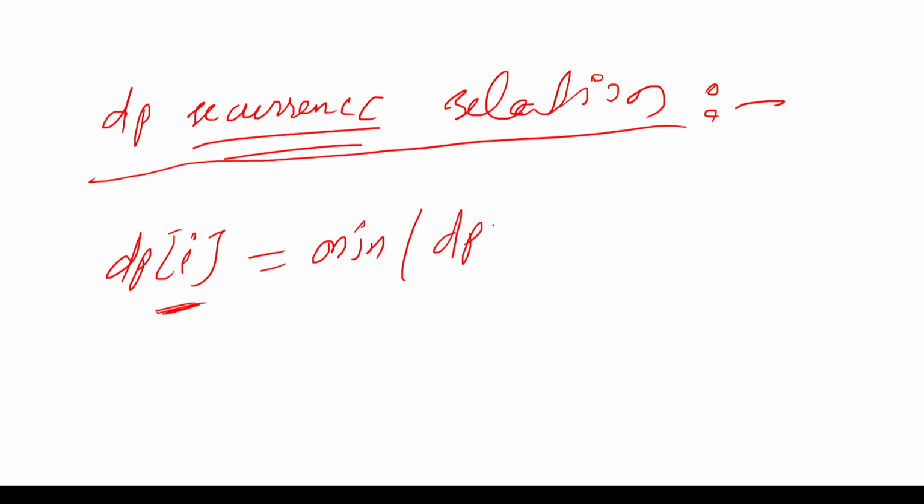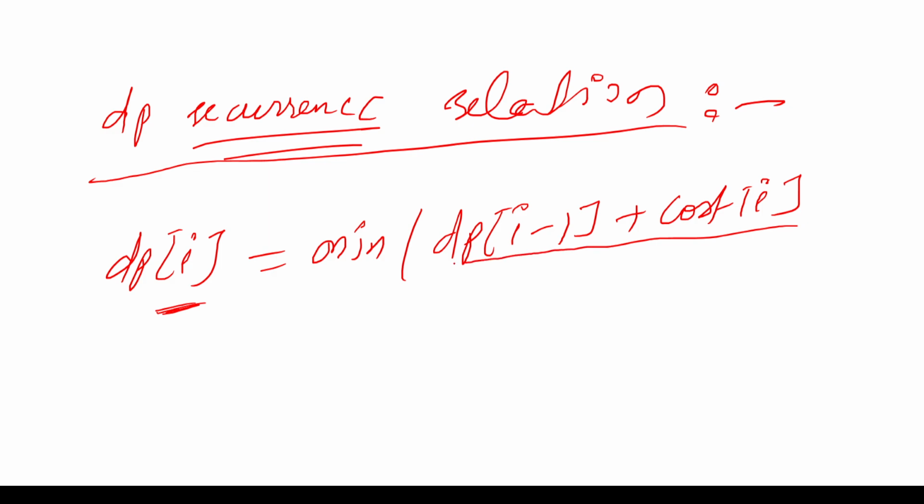We say DP at I minus 1 plus cost at I. Make sure that you are not losing the cost. This is what you get from I minus 1. Plus, I'm writing it on the next line so you can understand, you will give 1 here, each time.